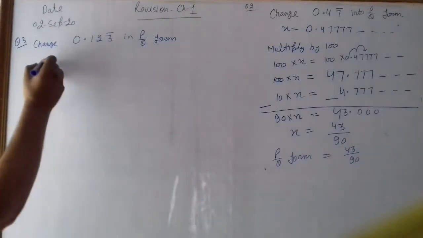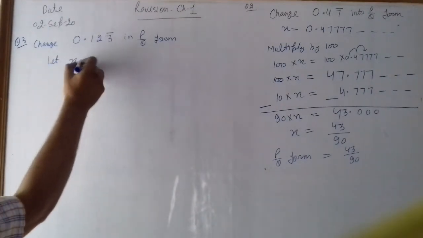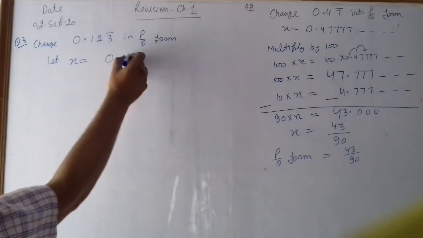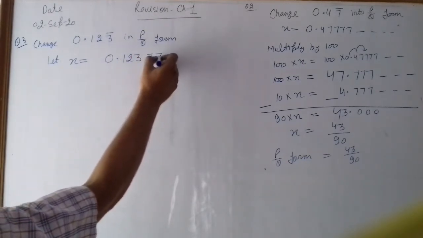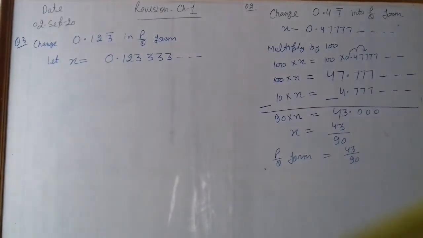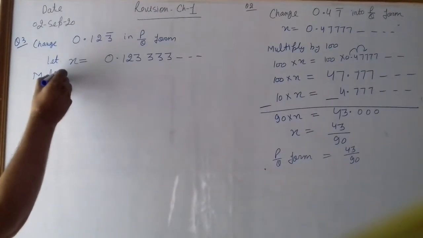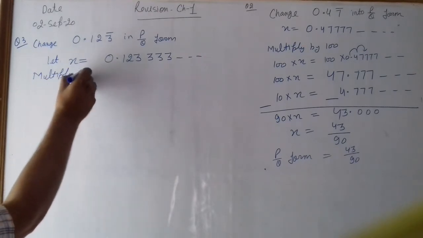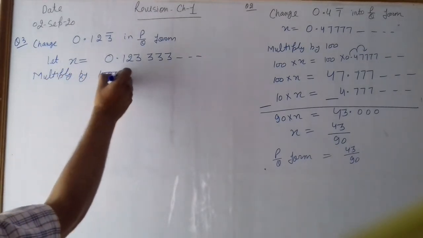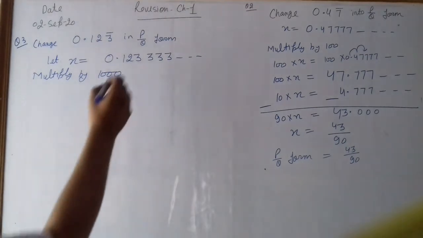See, let x is equal to 0.123 and so on, right? Now write, multiply by 1000 to both sides.